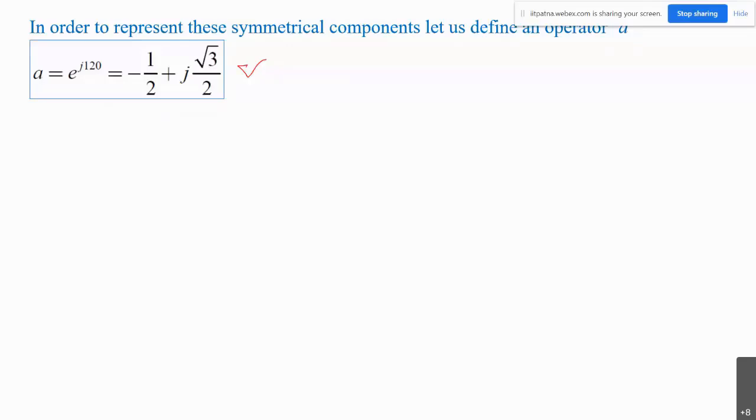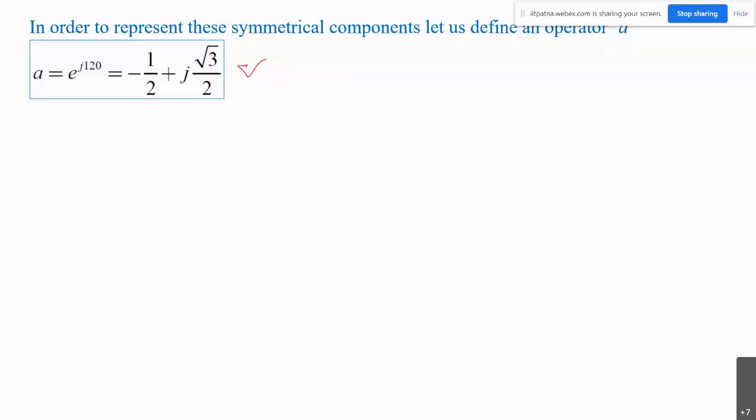Looking at each sequence, in the positive sequence the phase order is exactly the same as the actual system. The negative sequence is opposite to the positive sequence: if the positive sequence is clockwise, VA2, VB2, VC2 is anti-clockwise.